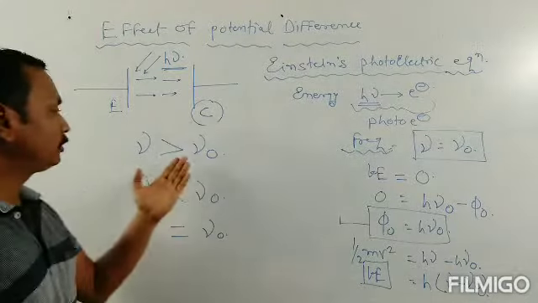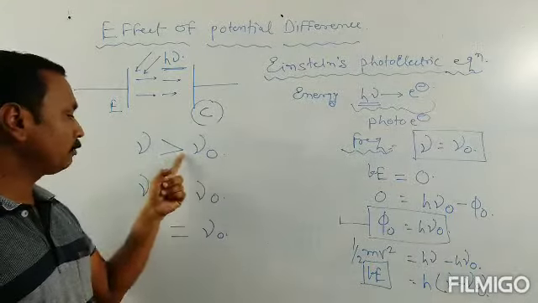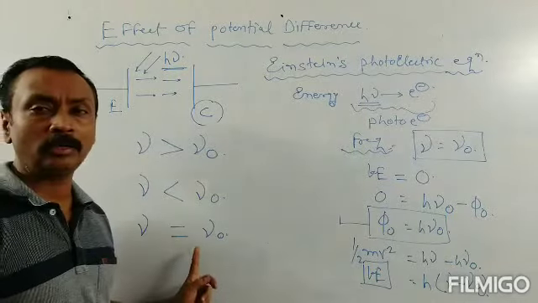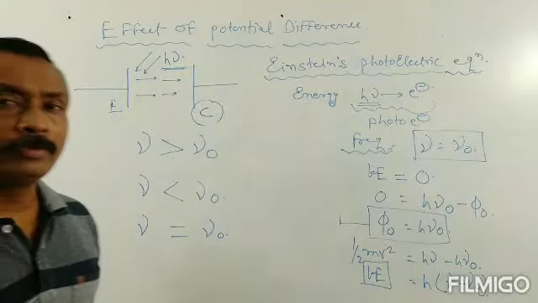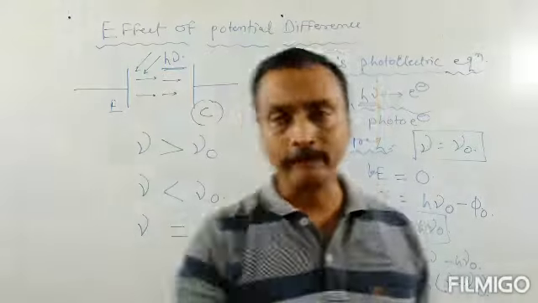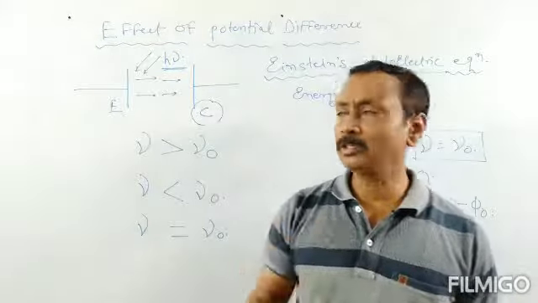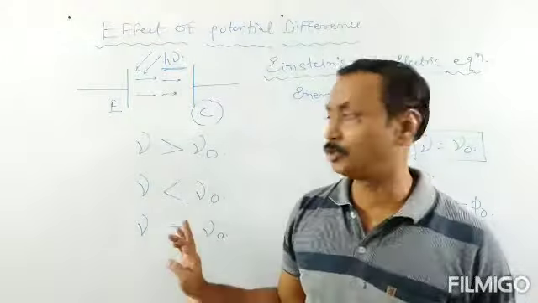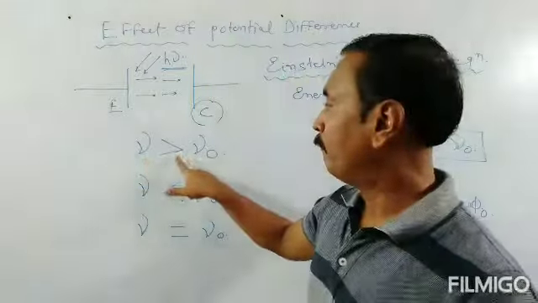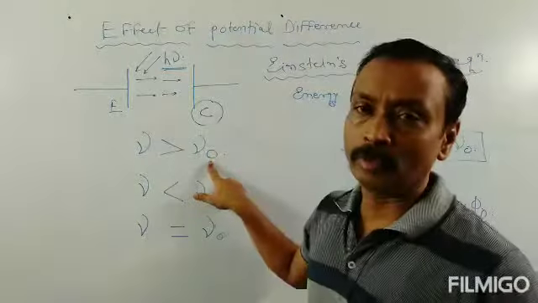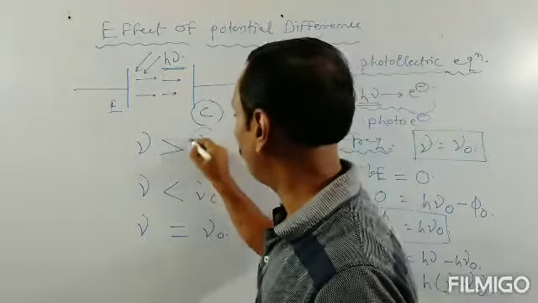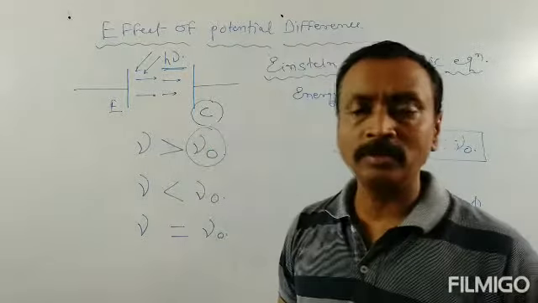There are three conditions here, the first, second and third, concerned with the frequency only. Try to understand these three conditions. First, nu is greater than nu 0, where nu 0 is called the threshold frequency.